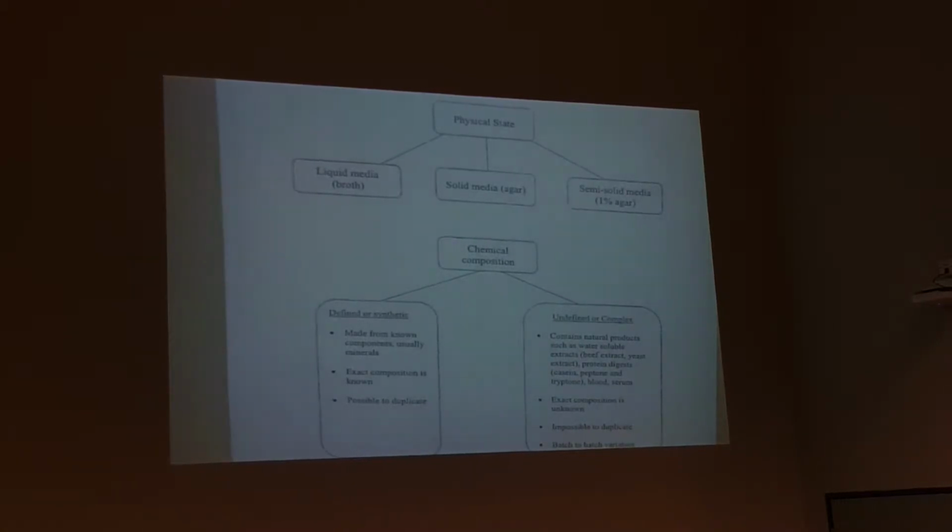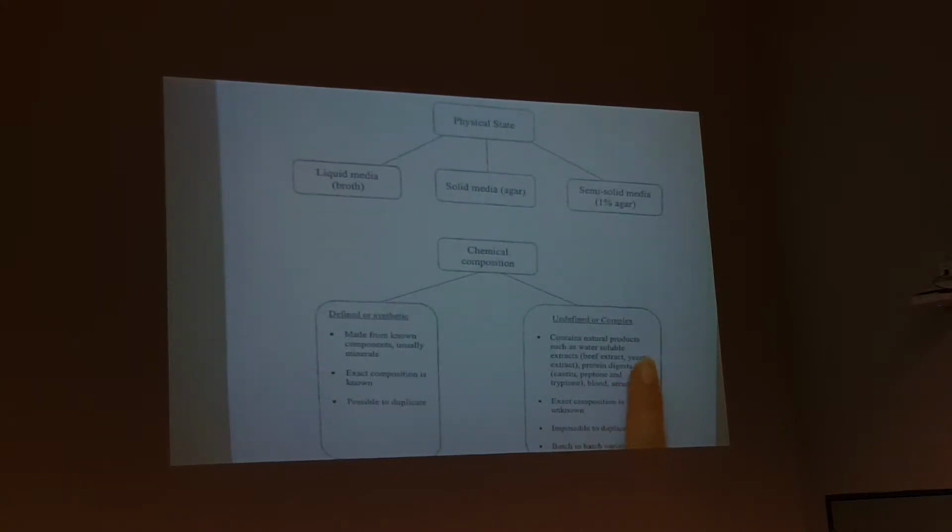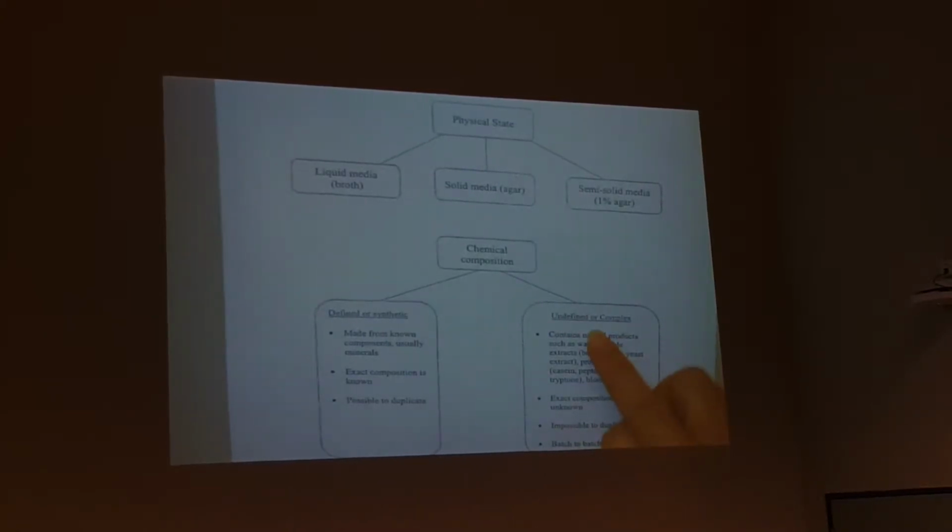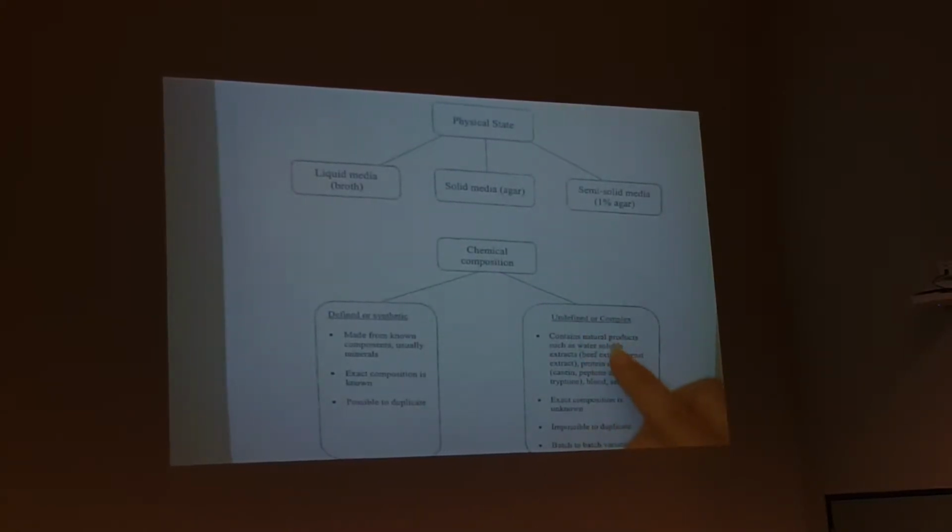So it will vary according to different batches, and it is not possible to duplicate. Because for natural products we won't know the exact composition inside, and we don't want to find out also. So all those media that contain any of these natural products, one or two, are all considered as undefined or complex media.